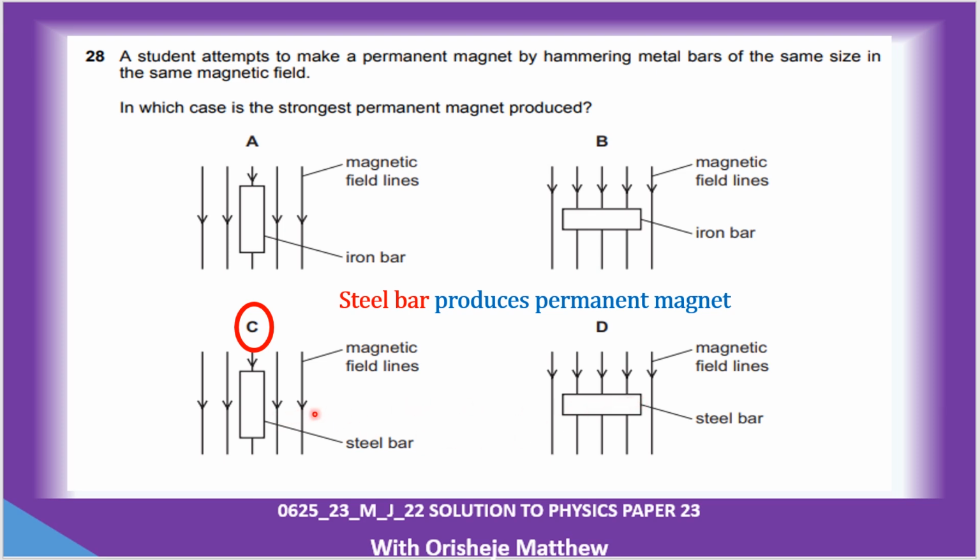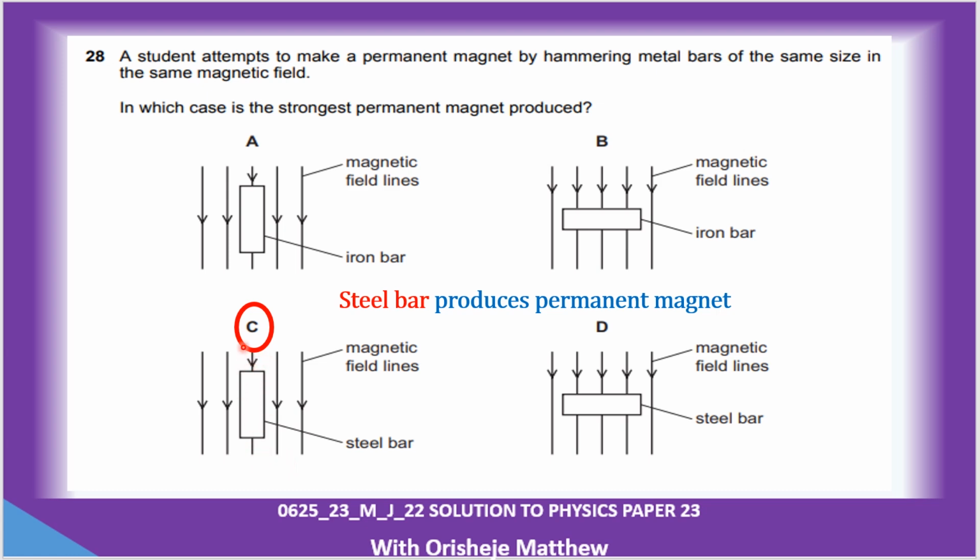And another point they are trying to test is that the magnetic field of paramagnetic material is parallel to the material, so it's not diamagnetic, so it doesn't cross it. The bar has to align with the magnetic field.